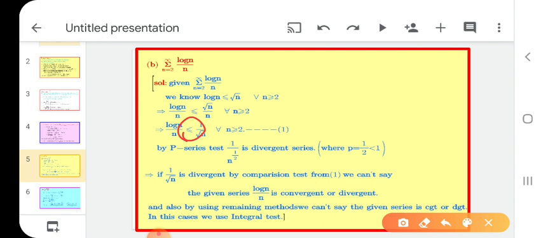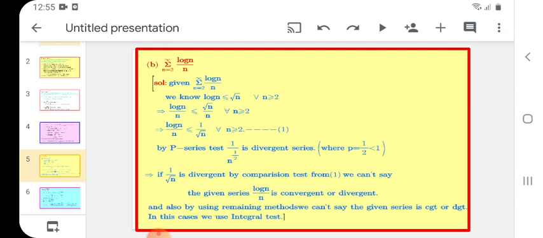If the greater series is convergent, the smaller series is also convergent, but here we have the reverse, and the other series is divergent. So we can't say whether the given series is convergent or not by using the comparison test. And we also can't use the geometric series, P series or ratio test in these cases. In such cases we use the integral test.